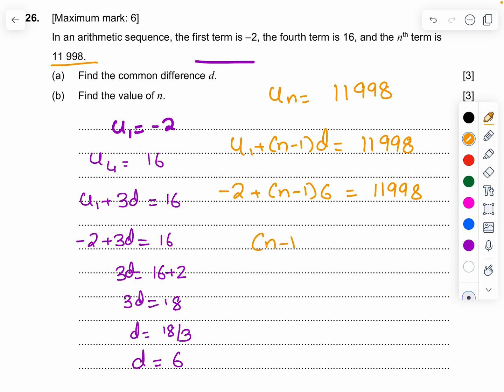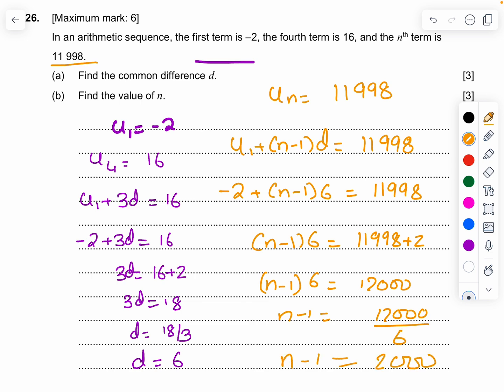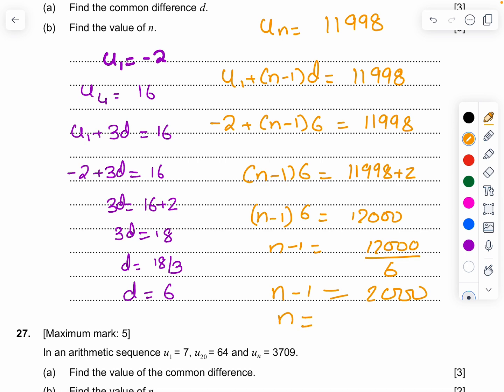So n minus 1 times 6 equals 11,998 plus 2, which is 12,000. So n minus 1 equals 12,000 divided by 6, n minus 1 equals 2,000. So n equals 2001. That's the answer.